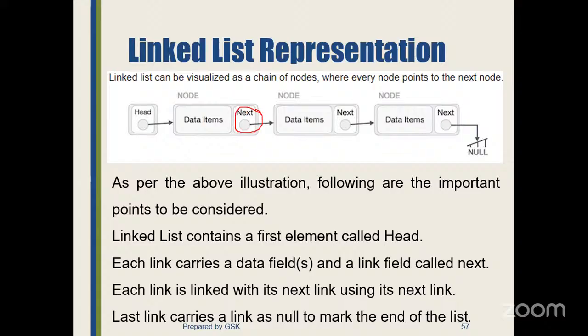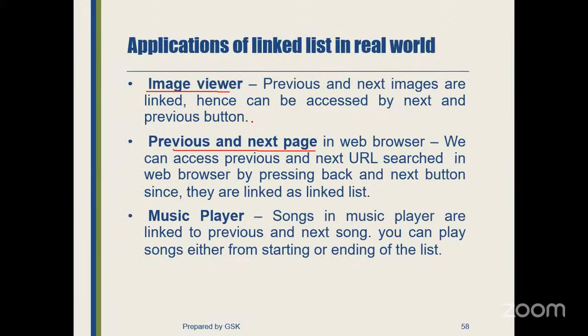This is the link node: the data item, and the second one is the link field. We have only one link field in one node. This is completely one node, right? In each and every node, we have only one link, and that link is used to refer to the next node. So as we are using only a single link, this is called singly linked list.